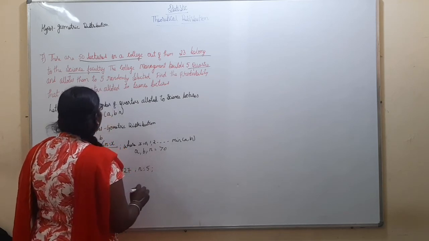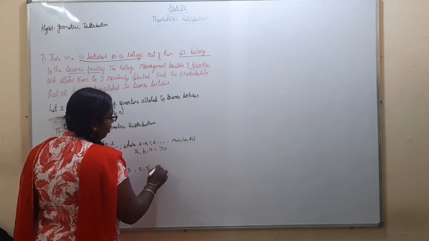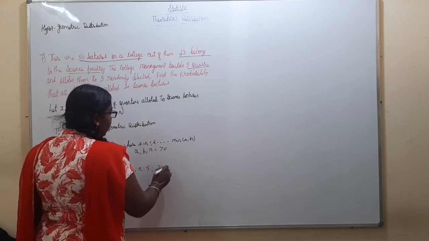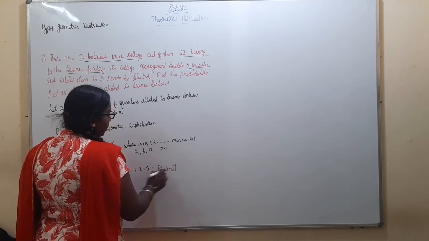We need to find the probability of 5, that is, all 5 lecturers are from the science department.